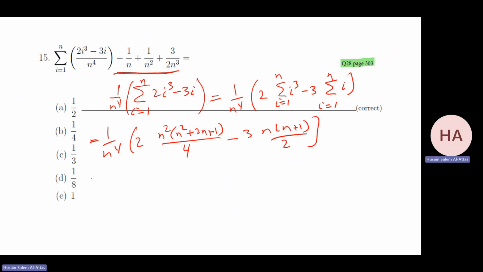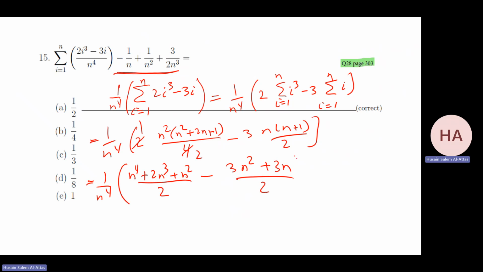I want to do the calculation quickly. 1 over n to the power 4. I have here n to the power 4 plus 2n cubed plus n squared over 2, minus 3n squared plus 3n over 2. Sum them.